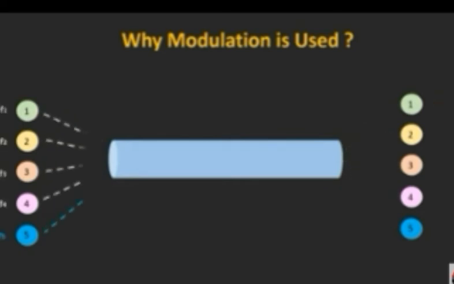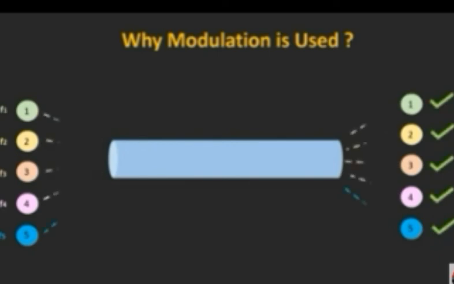But if each signal is modulated at a different carrier frequency, and all carrier frequencies are relatively far away from each other, then there won't be any interference, and all the signals can be demodulated at the receiver and the message signal of each transmitter can be retrieved.